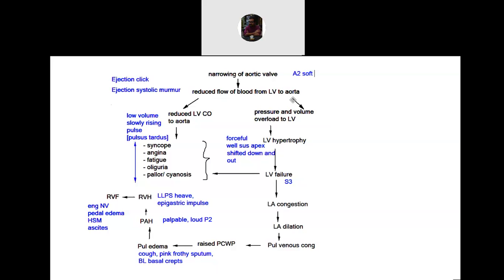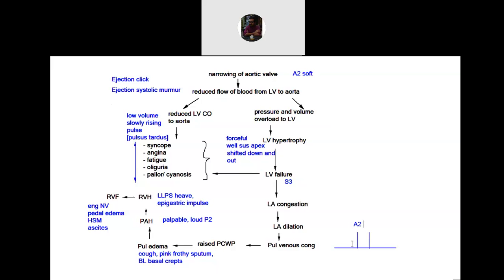Collapsing pulse is seen in. Okay, we'll move on to the next question.